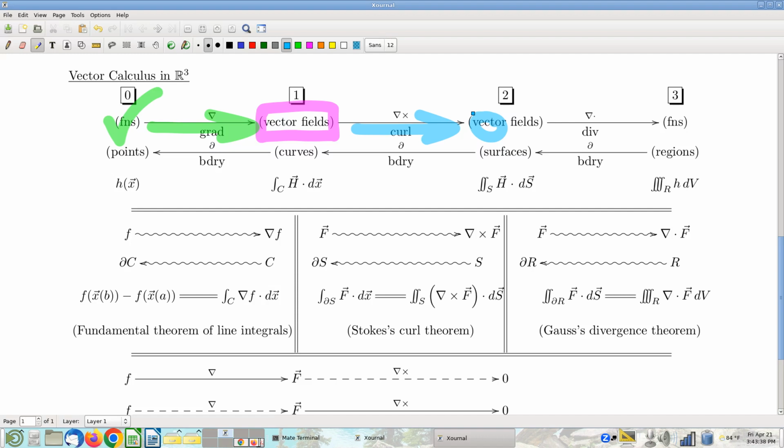English is weird. I also like to represent path independence literally on the diagram: if you have two curves with the same boundary points, they will give you the same value of the line integral. This is the special property of path-independent vector fields.